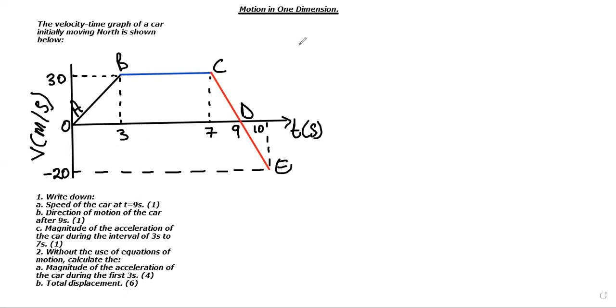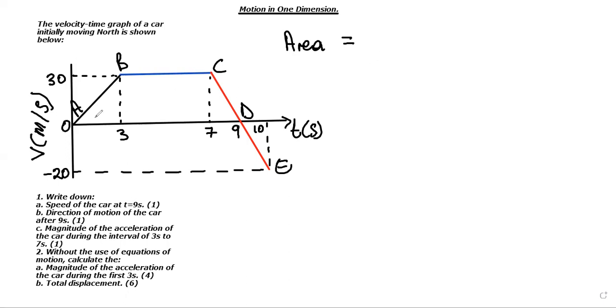Now, in order for us to find the area under this curve, we can see that it's going to be this region, that region, this region, as well as that region. But now, if you look at the last region, you can see that it's below the time axis. So since it's below the time axis, it means the area will be negative. Very key. So let's go to the part AB.